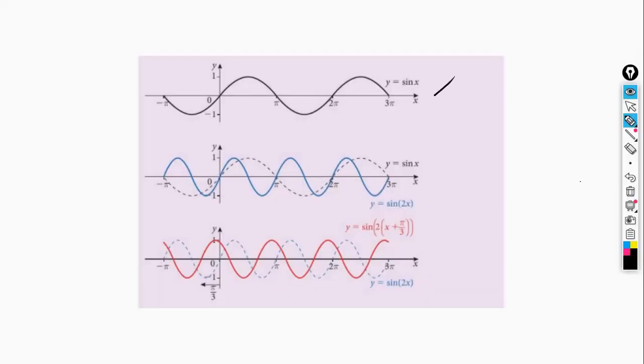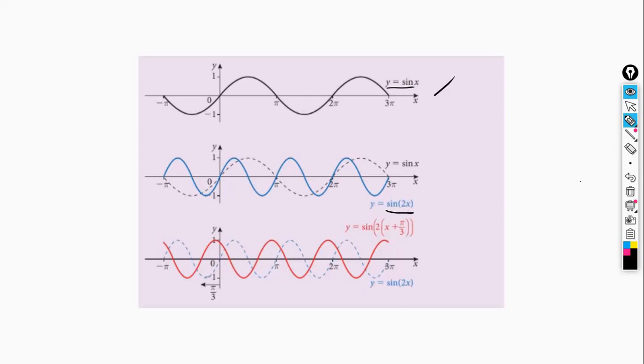So here, first of all, we have the normal function for sine, y equals sine of x. And in the second graph, we have y equals sine of 2x. So this is including the value for b. And notice that the period has now been changed to pi instead of 2 pi, right?